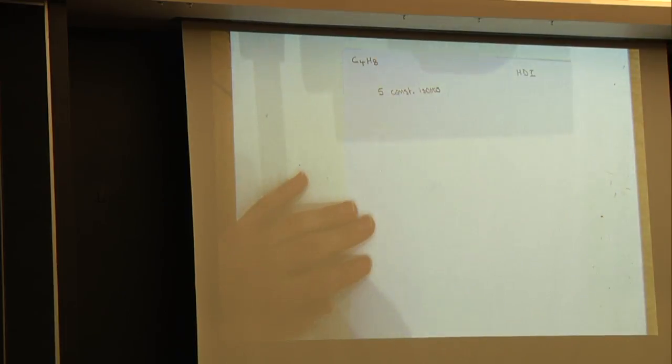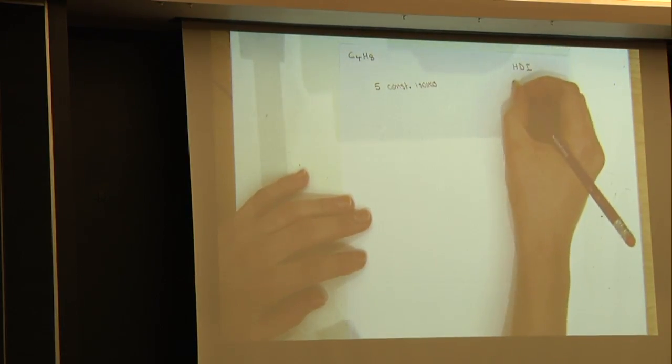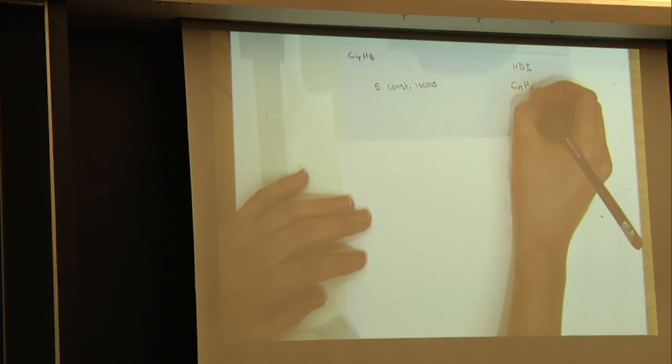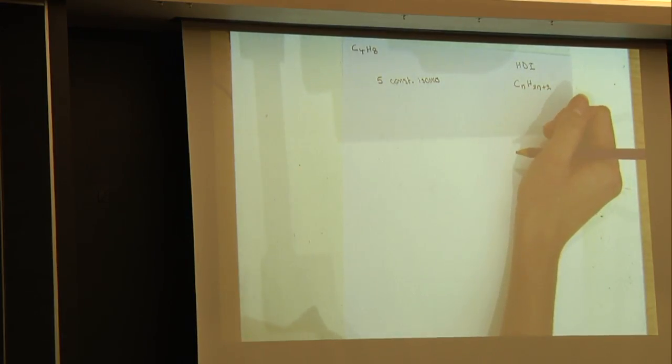Do you guys remember the HDI? It's the hydrogen deficiency index, right? So it's a few simple rules. Basically, if you have a saturated alkane, your molecule is going to look like CnH2n+2, right? Okay, awesome.